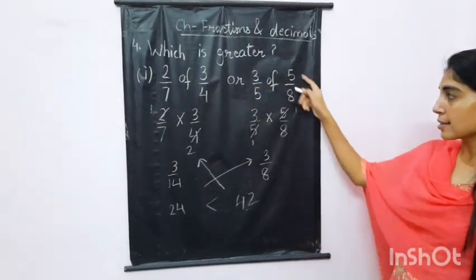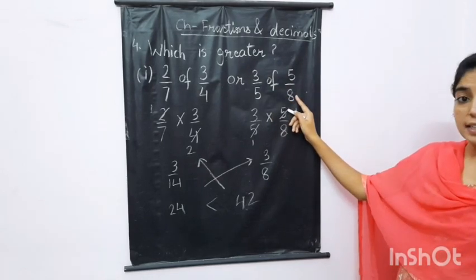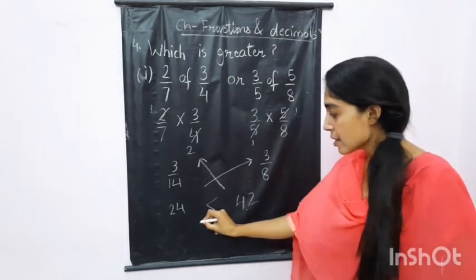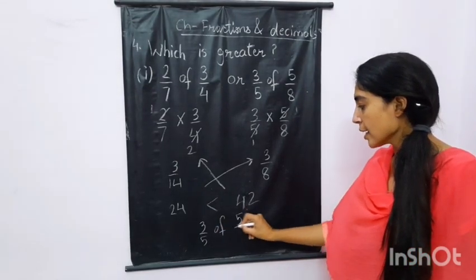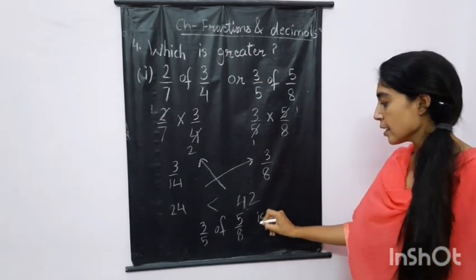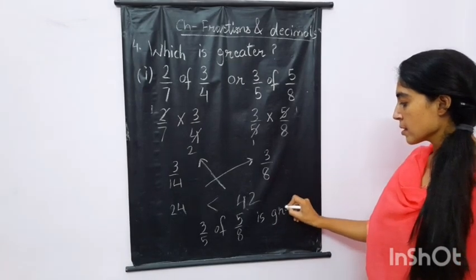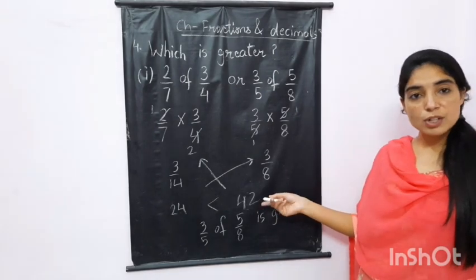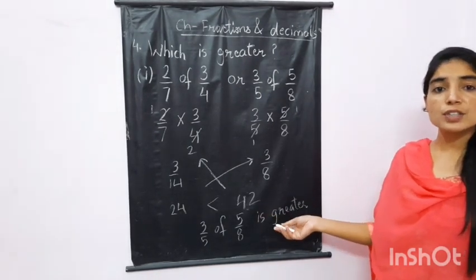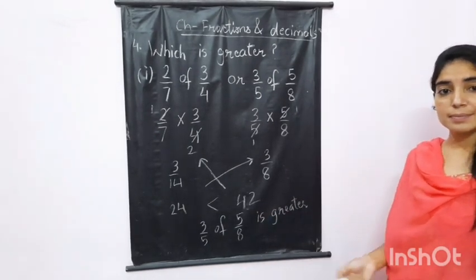This side answer, that is 3 by 5 of 5 by 8 is greater. So our answer is 3 by 5 of 5 by 8 is greater. So you can use the cross multiplication method to find out which fraction is greater.